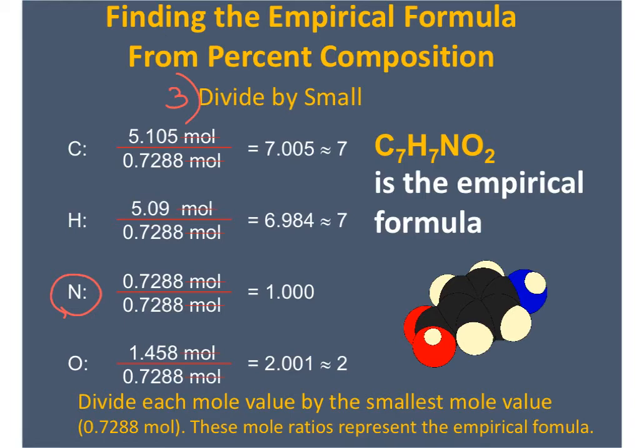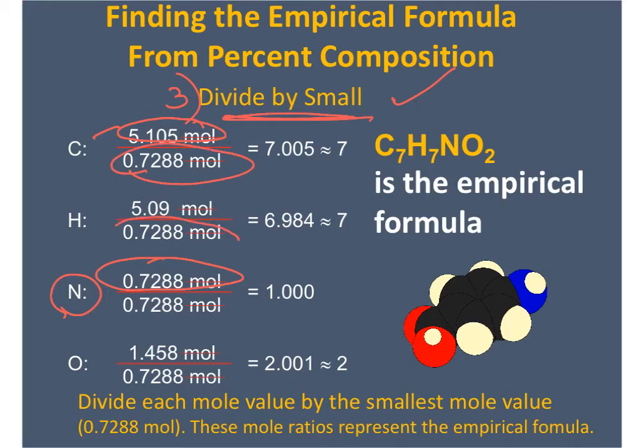Nitrogen had only 0.7288 moles. So you are going to divide all of the mole values you just calculated by the smallest mole value. So we're going to take the 5.105 moles of carbon we calculated and divide it by 0.7288. See, here we divide all of the moles we calculated by the smallest mole value.